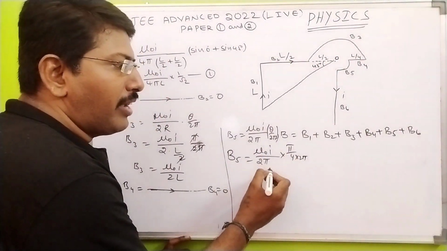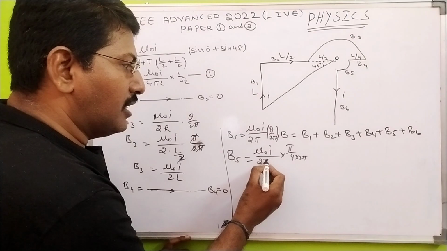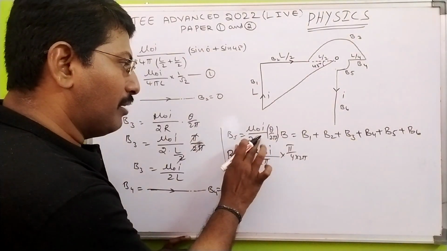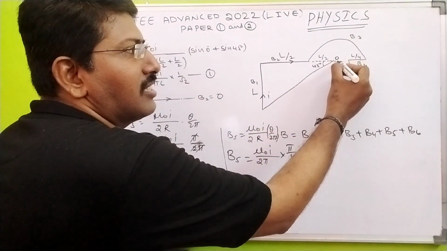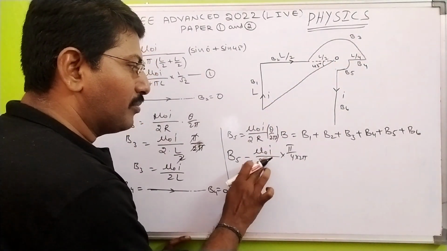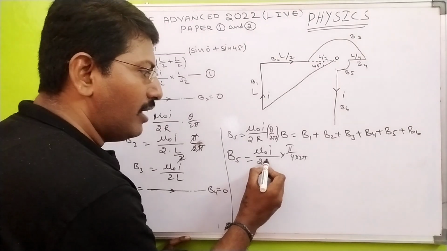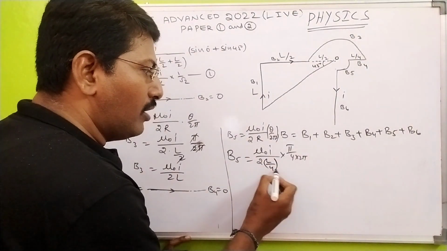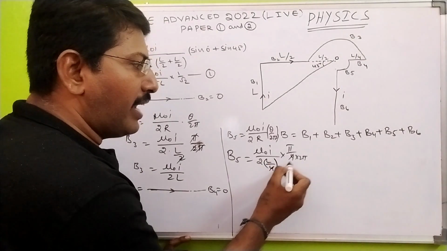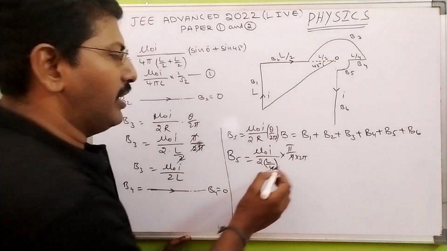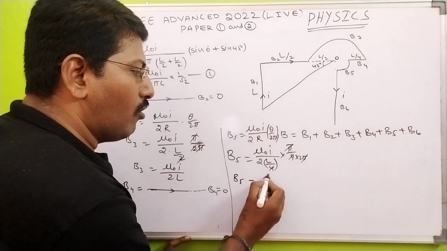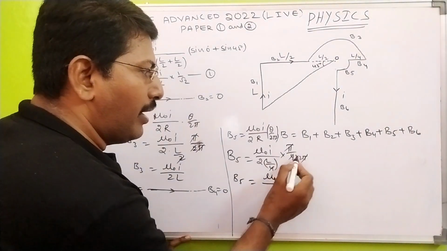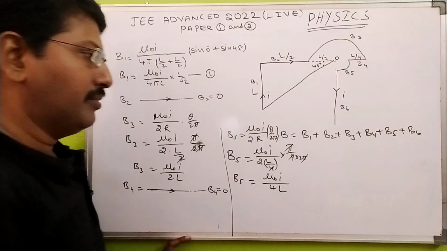After simplification, sorry, something is missing here, the radius. The radius here is L by 4. So here this 4 cancels, and pi cancels. So B5 is equal to mu naught I by 4L.